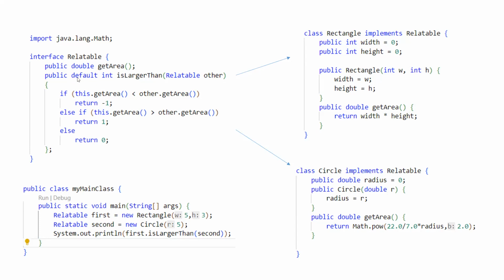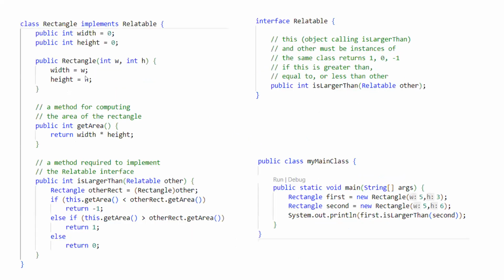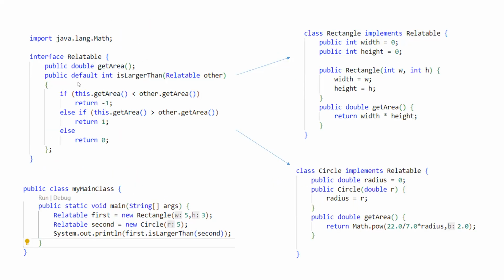But then we also discussed that you can have a bare bone definition of your method as well. So this isLargerThan method, I'm actually providing a default implementation of this method within my interface itself. Initially we saw that we simply provide a declaration, but you can also have this so-called default method.